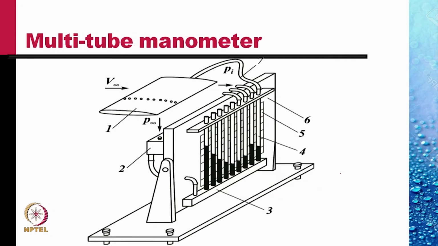This is a reservoir manometer with bore tubes, a multi-tube manometer. Here it is being used to measure the pressure distribution about an aerofoil. The sketch shows an aerofoil with a large number of holes.